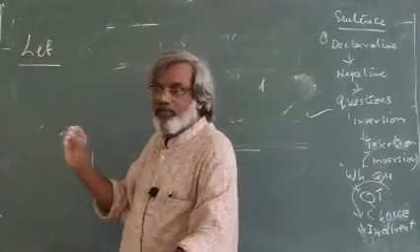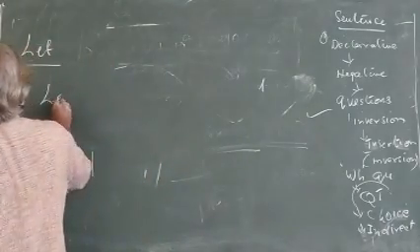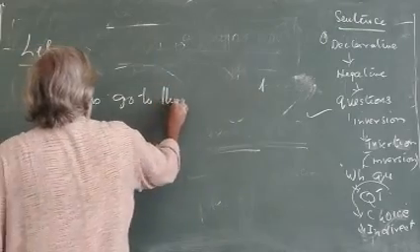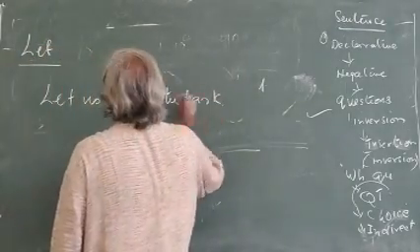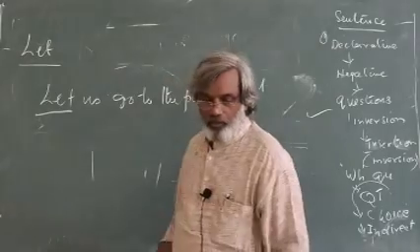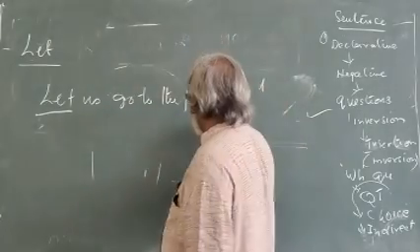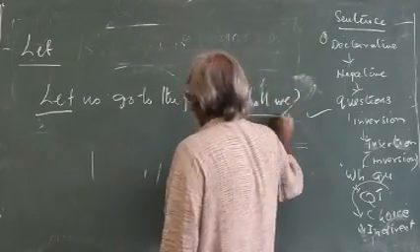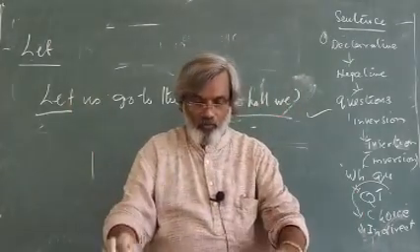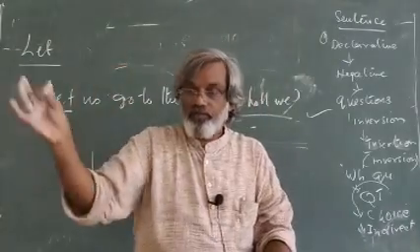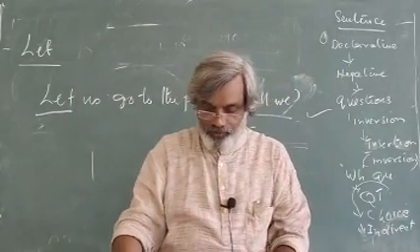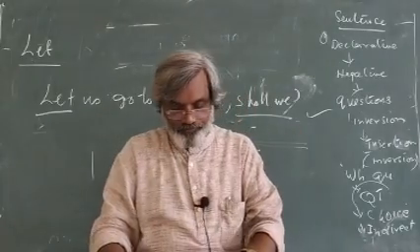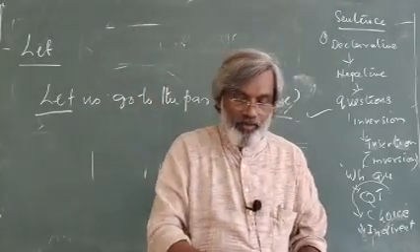For example, let us go to the park. Here the tag will be shall we, positive. Here there is no thinking about negative question or positive question. Always it will be like that.